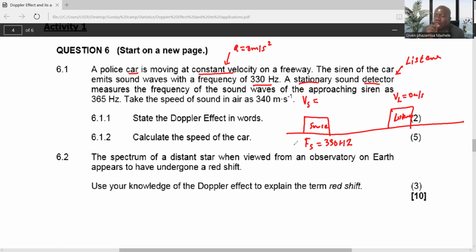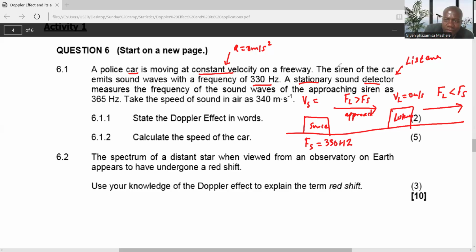Now look at this, guys. We need to understand something. If the source is moving towards the listener, the frequency of the listener must be bigger than the frequency of the source if we are talking about approaching. But if it's moving away, the frequency of the listener should be less than the frequency of the source. So you need to understand that.